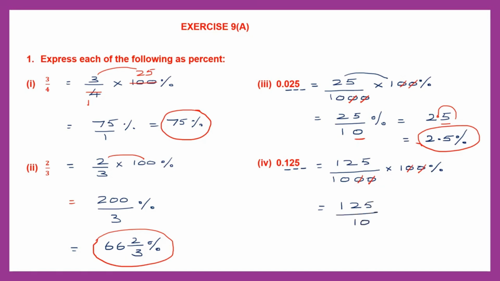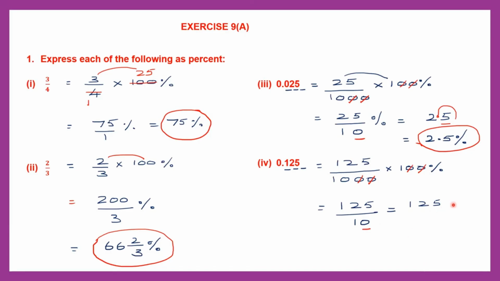So since my question is a decimal number, my answer also I'm going to make it a decimal number. So what am I going to do? I'm going to write the numerator 125, and then I'm going to look at my denominator here. There is 1 0. That means I should have one decimal place in my answer also. So 1 0 means one decimal place.